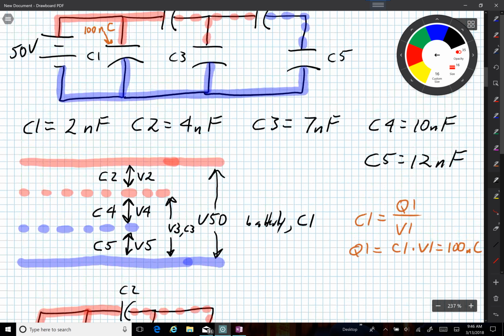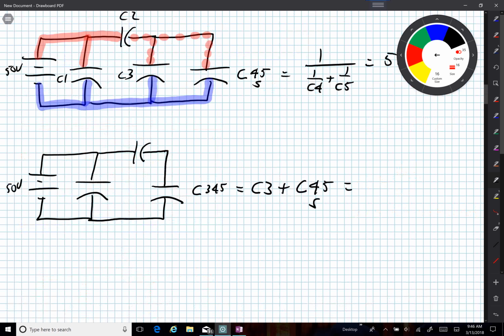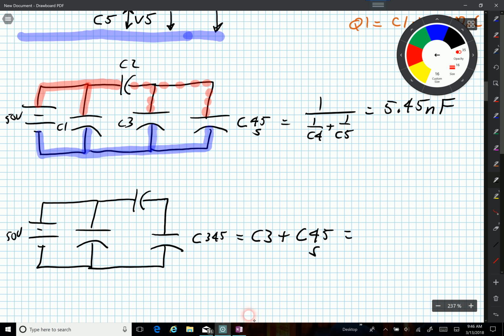And C3 was 7 nanofarads. So this is going to be 12.45 nanofarads. Okay, I do my colors again.